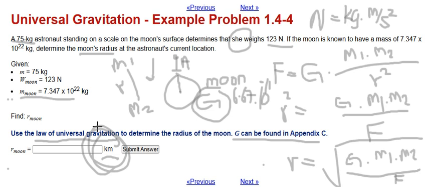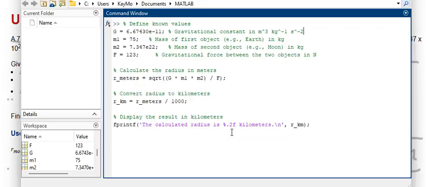Instead of 10, we write it like this for the MATLAB command, so e to the power 22. Command means it is communicating to your computer how to calculate through this software.